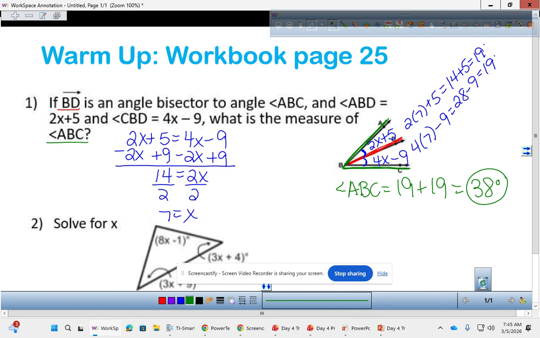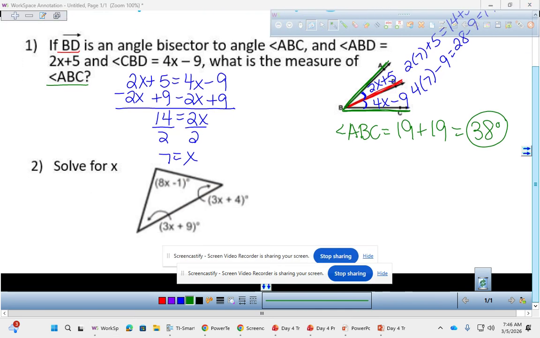All right, and then the next one. At the very end of class yesterday, we talked about the theorem called triangle sum theorem, and we learned that the 3 angles inside of a triangle equal 180 degrees. So I'm going to take all 3 of these angles, 8x minus 1 plus 3x plus 4 plus 3x plus 9, and I'm going to set that equal to 180 degrees.